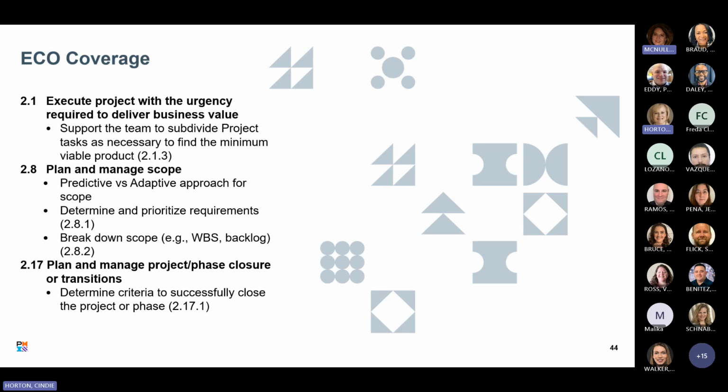We also discussed the process of planning and managing scope, looking at both predictive and adaptive approaches, determining and prioritizing the requirements, and breaking down scope using the WBS and the backlog. And then lastly, we discussed planning and managing a project or phase closure or transition by determining the criteria to successfully close the project or phase. We didn't get into a lot of detail on that last one, but we did make the notation that it should be part of your scope planning process.